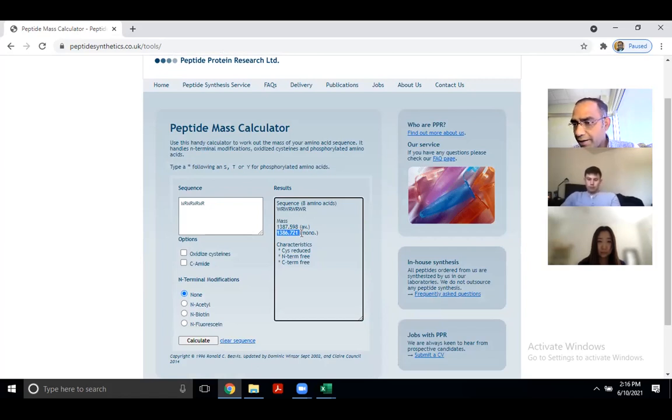So how much should I get in amount? I want 1 mole of W4R4.